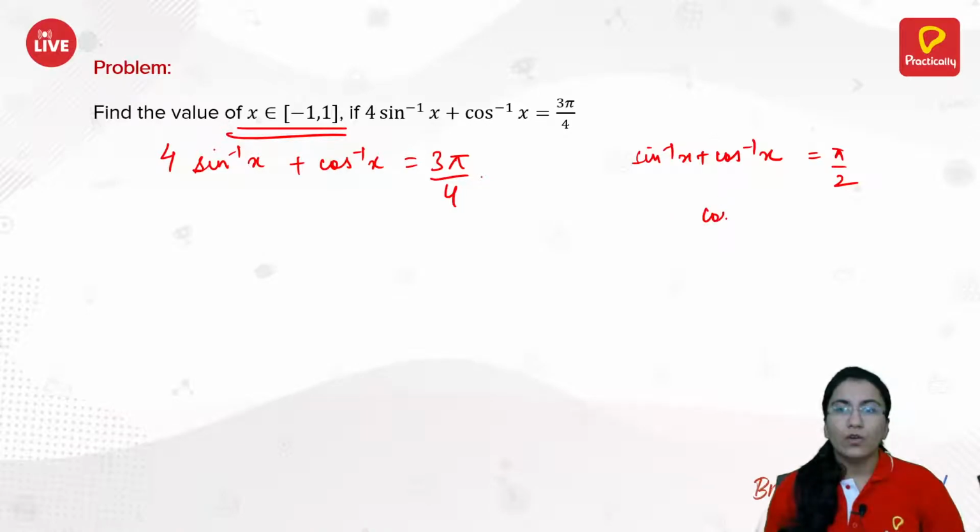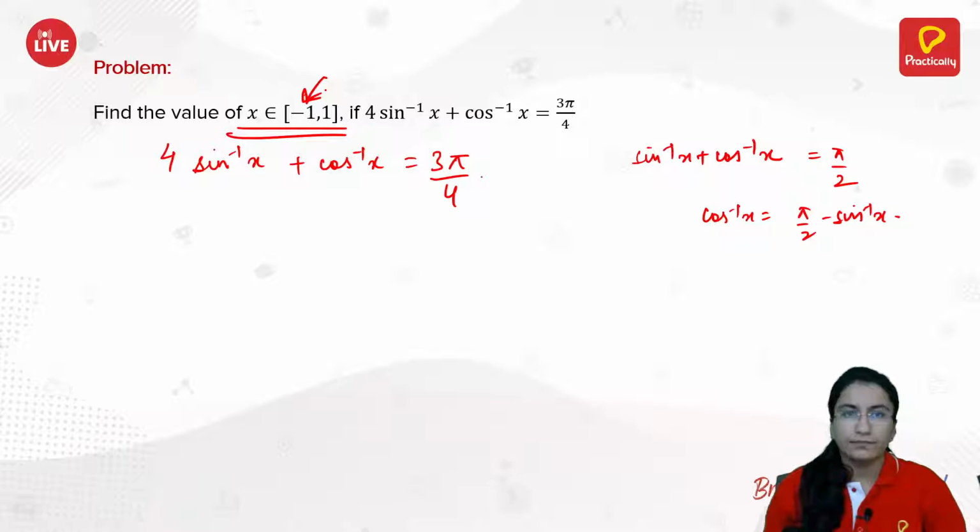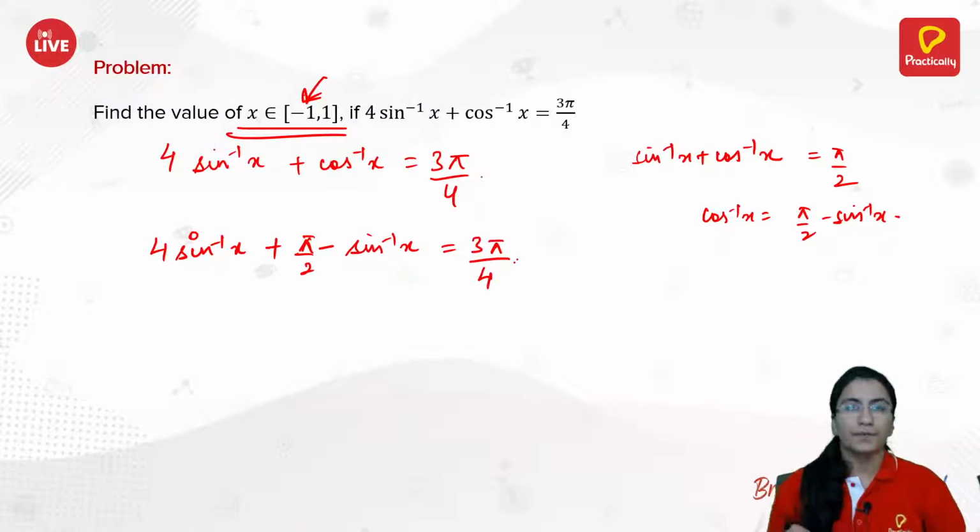That means cos inverse x is equal to pi by 2 minus sine inverse x, because we have the constraint over x already with us. That means 4 sine inverse x plus cos inverse x is pi by 2 minus sine inverse x, which is the same as 3 pi by 4. Just solve it for sine inverse x.